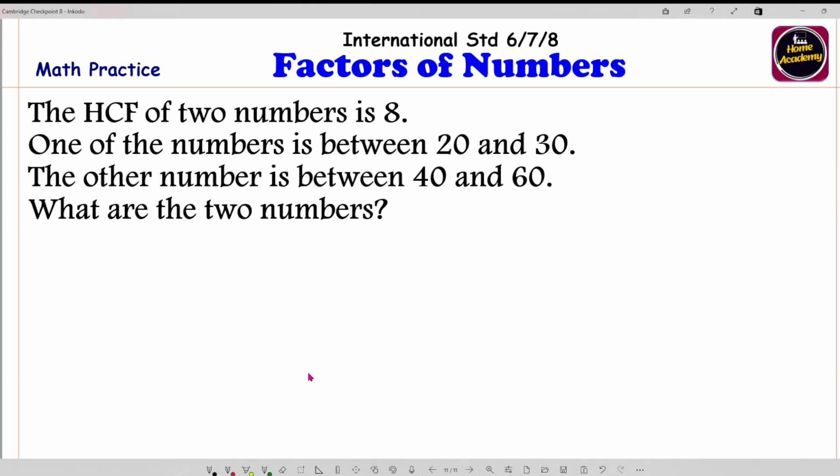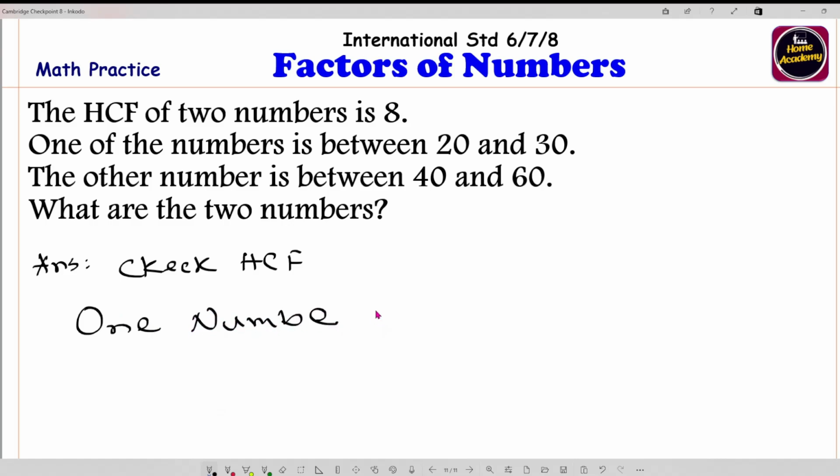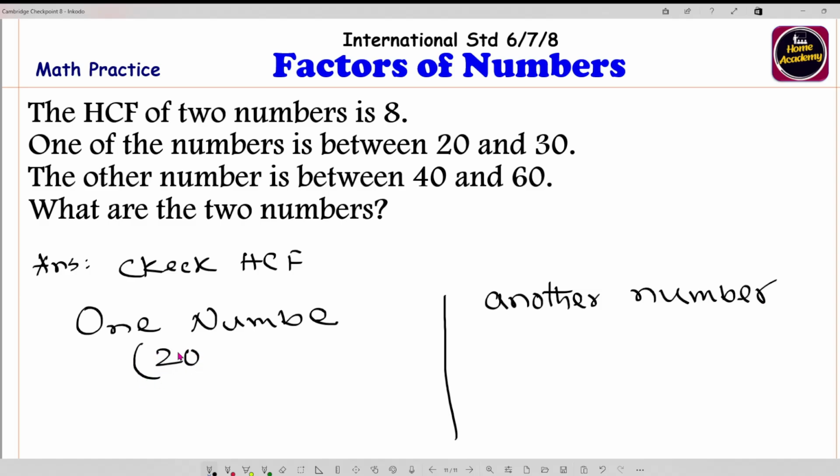Now we have to check the HCF. One number is between 20 and 30, another number is between 40 and 60.